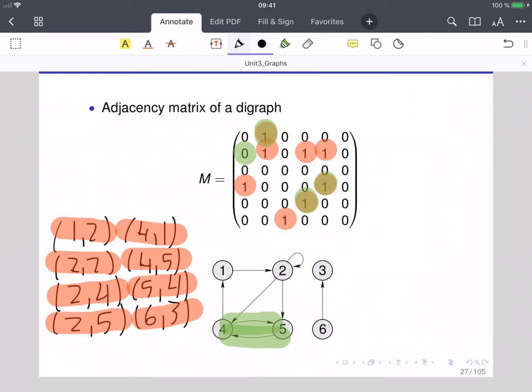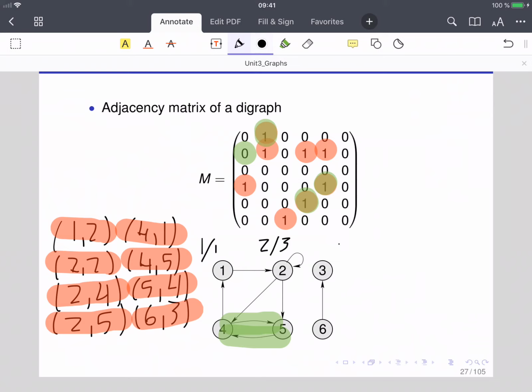Okay, so in this case, for instance, I'm going to write first the in degree. We have that for 1, the in degree is 1, and the out degree is also 1. In this case, for 2, we have that the in degree is 2, and the out degree is 3, because there are 3 edges coming out of the vertex: the loop and the edges that go to 4 and 5.